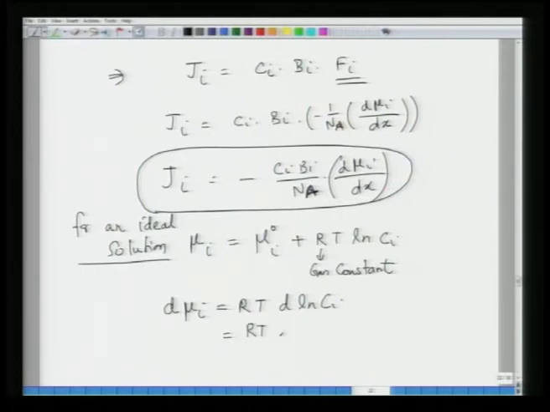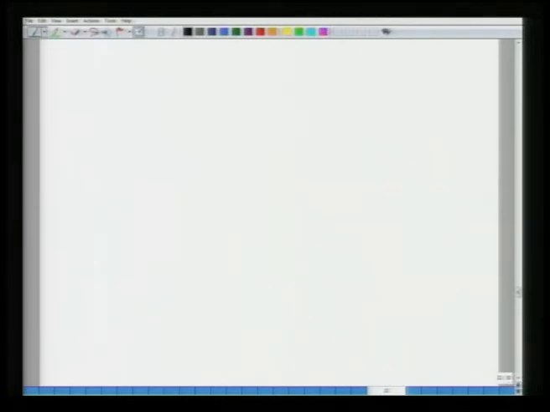From this we will find out what is d mu i by dx.